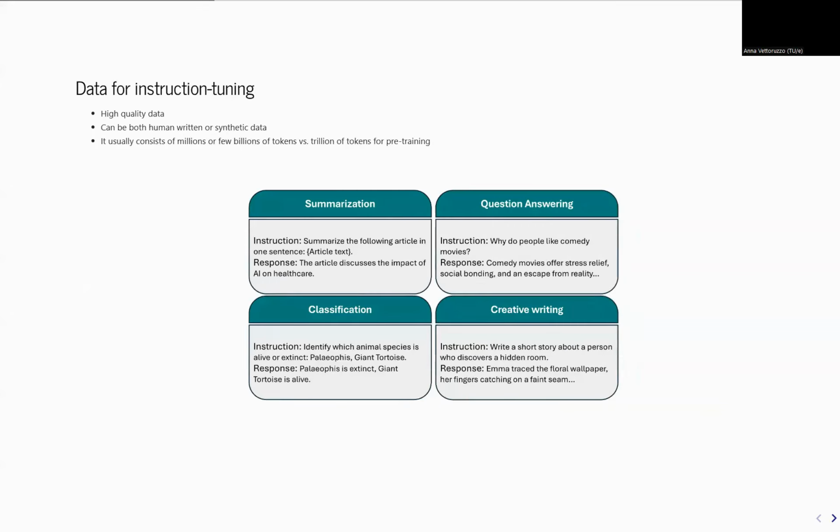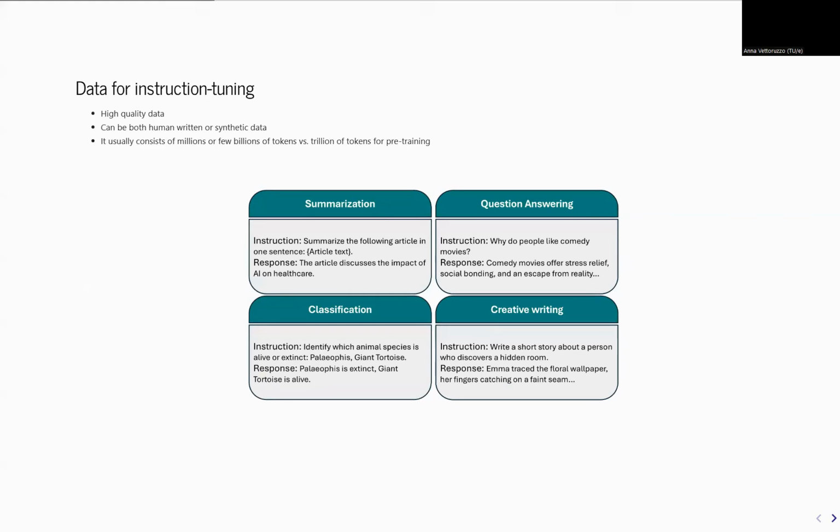How does the data look for instruction tuning? First of all, these are very high quality data. And as I already said before, they should explicitly mimic the task that you want and the behavior that your model should have after the fine-tuning phase.